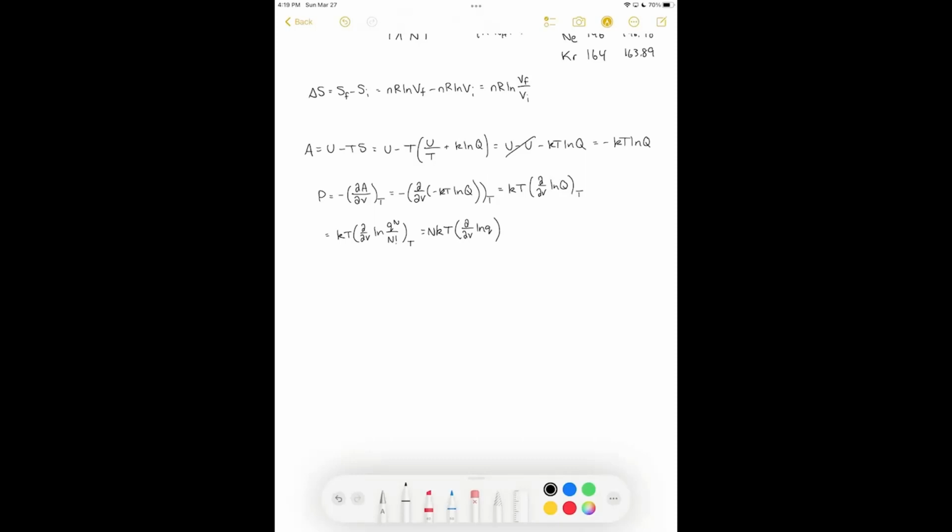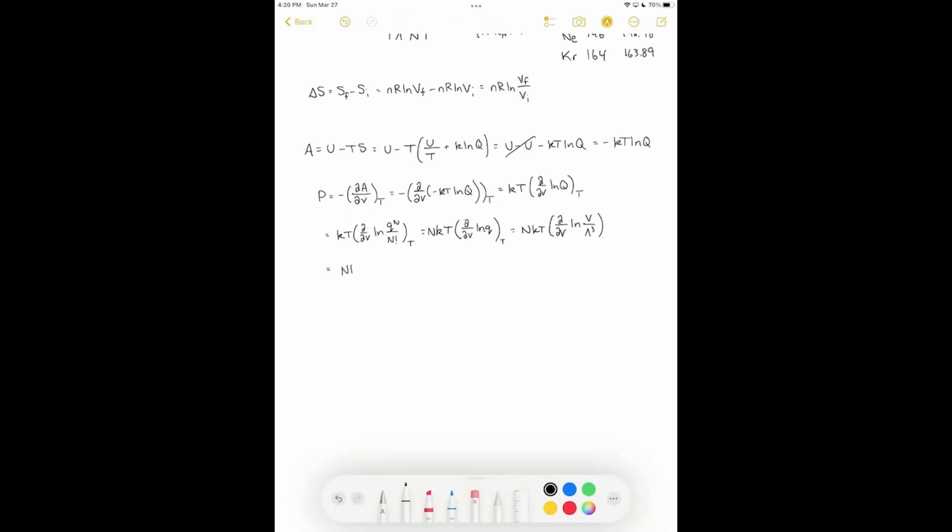So we can use our derivatives here. Our q for translation is simply equal to the volume over the thermal wavelength cubed. So now we're taking the derivative with respect to volume of the natural log of the volume over the thermal wavelength cubed. That's going to give us simply 1 over V, like we've seen before.